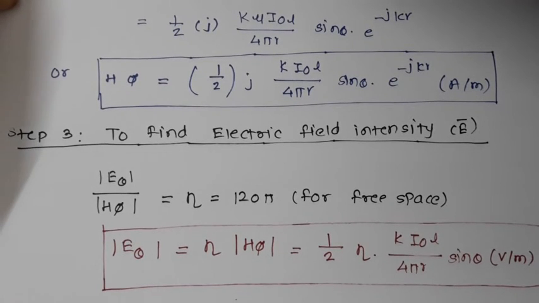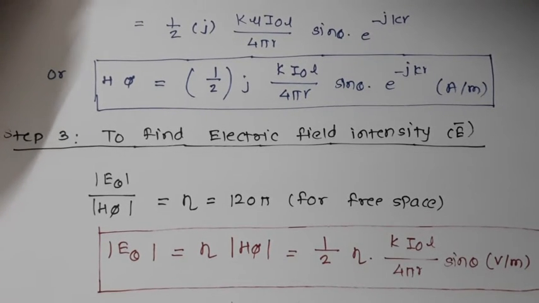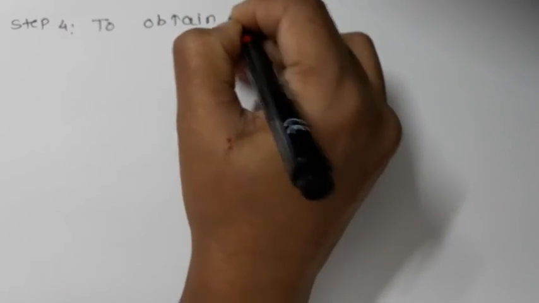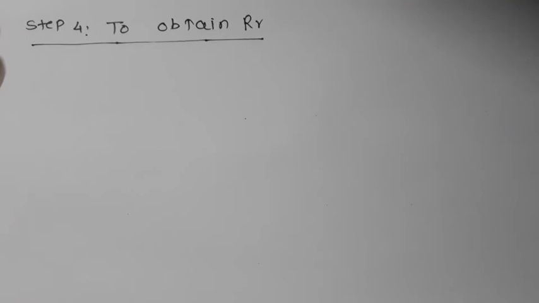Now as we have got E theta, the last step is how we can find out the radiation resistance. So let us talk about the radiation resistance for the small dipole. Step number 4, to obtain R r, which is nothing but the radiation resistance. To find the radiation resistance, we proceed similar to the lambda by 2 dipole.